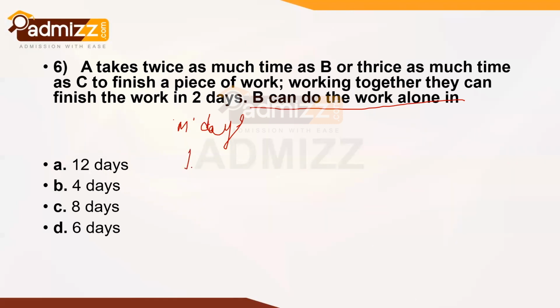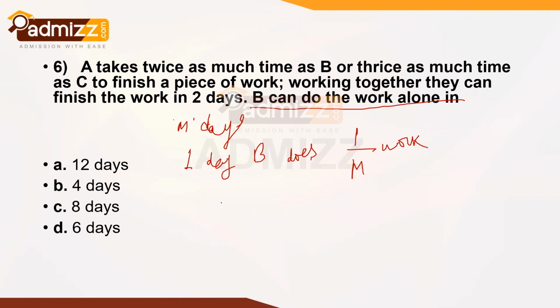So in one day, B does 1 by M work, right? Since B will completely do the work in M days. Now, take a look at this. A takes twice as much time as B to do the work, right?